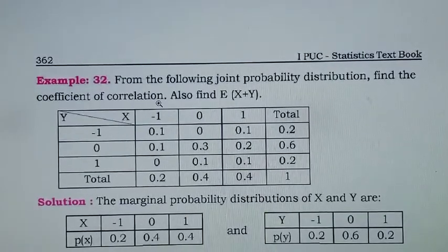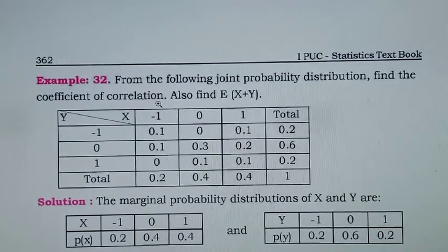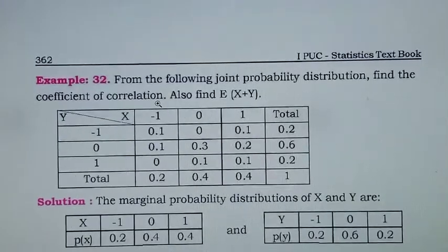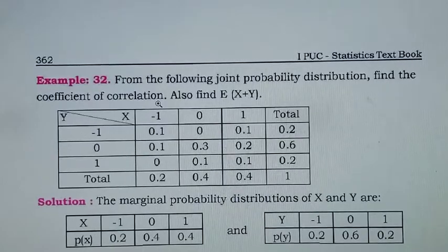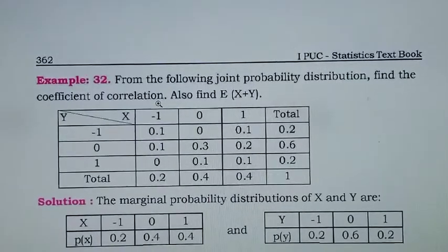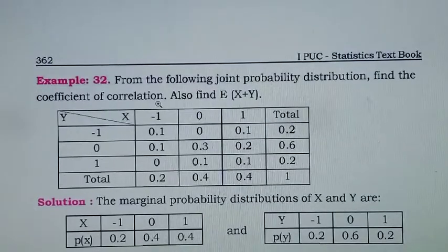Am I clear? So here we consider the bivariate case, two random variables x and y, along with the concerned probabilities p of x and p of y. The joint function, probability of x comma y, we call a joint probability distribution. Another name for joint probability distribution is bivariate probability distribution.